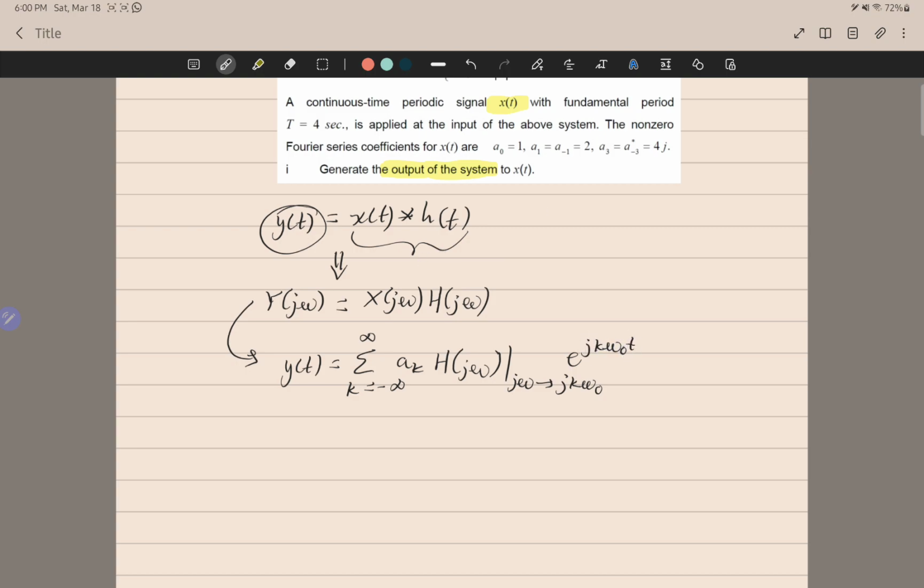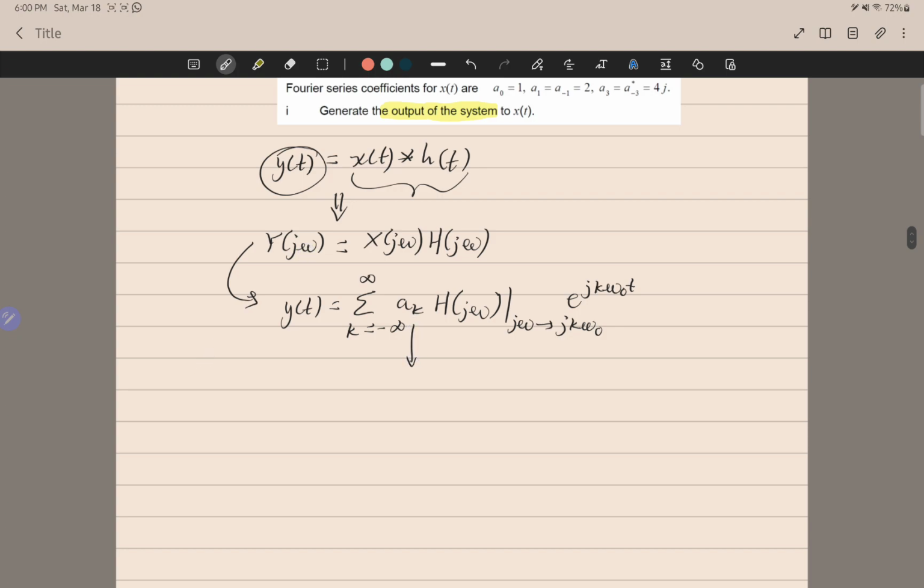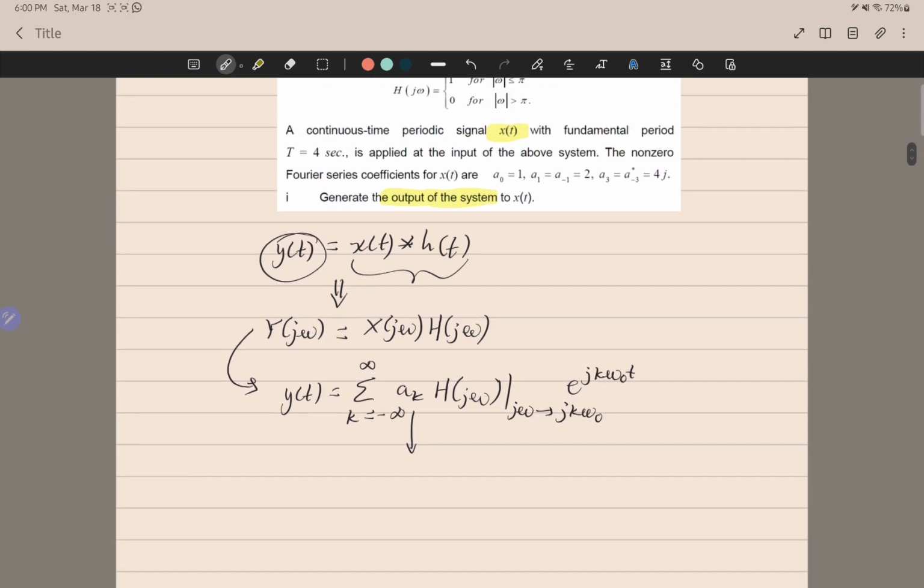And a k are the Fourier series coefficients of the input x of t, which has been given in the question.